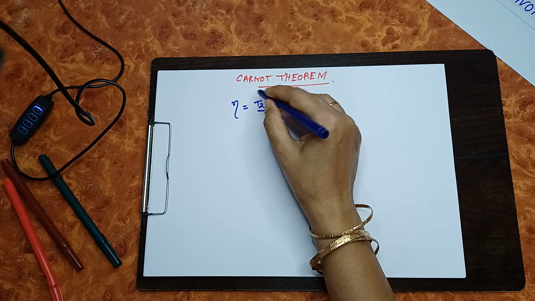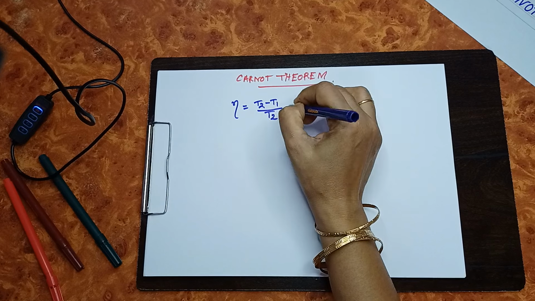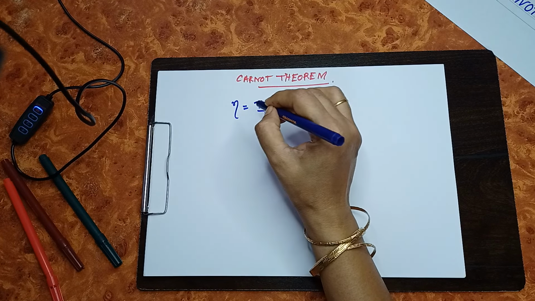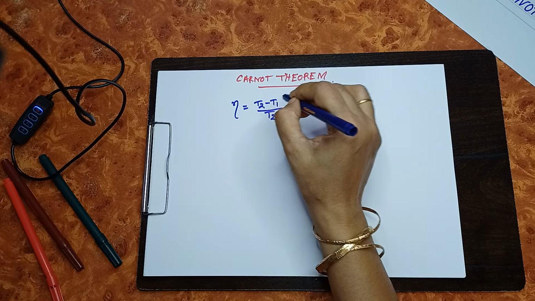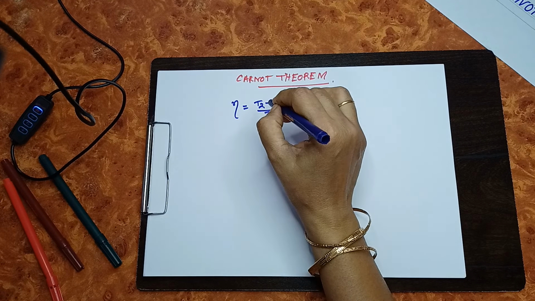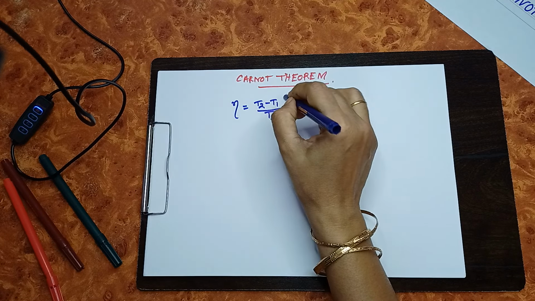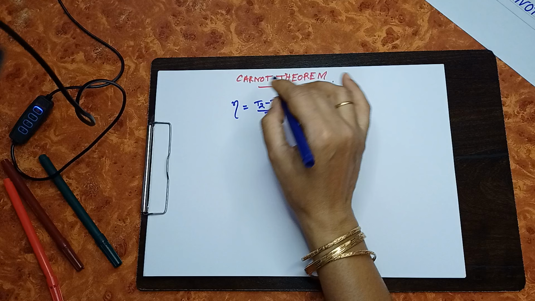Therefore, this efficiency of the heat engine depends only on the temperature of the source and sink, and it does not depend on the nature of the working substance, and that is Carnot theorem.